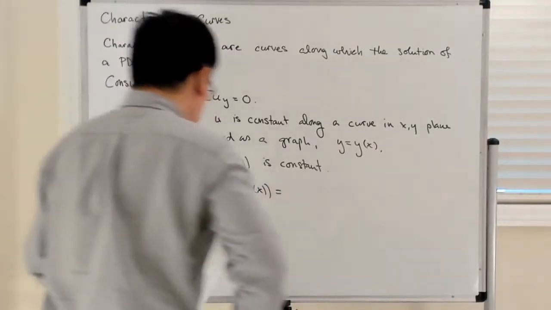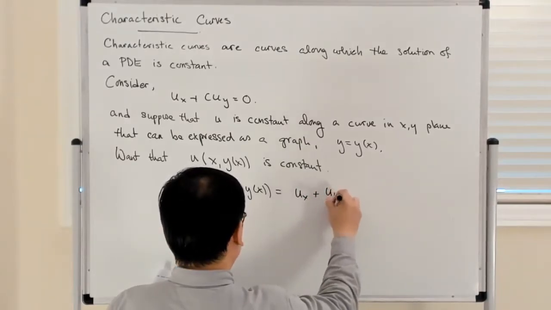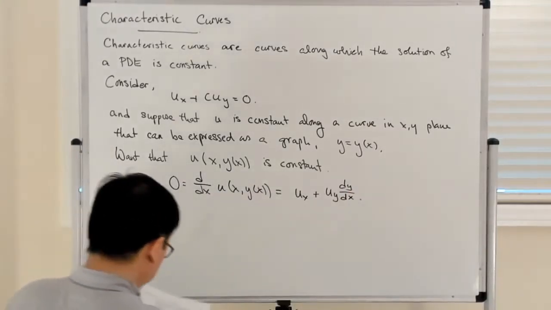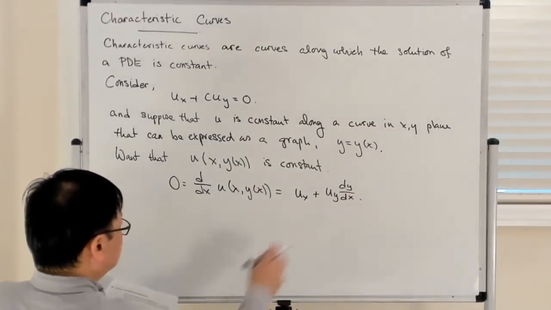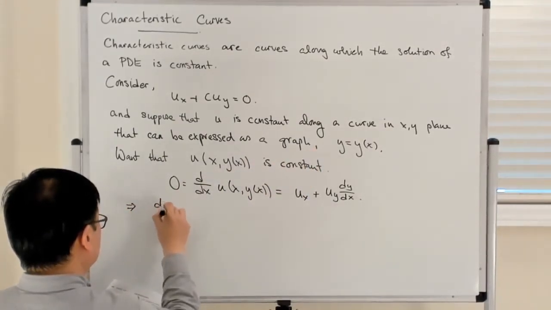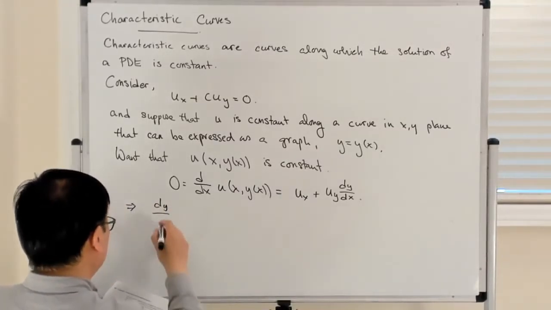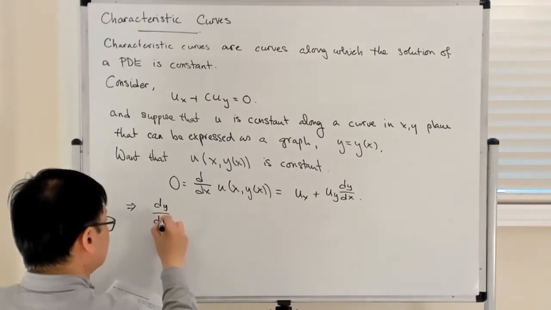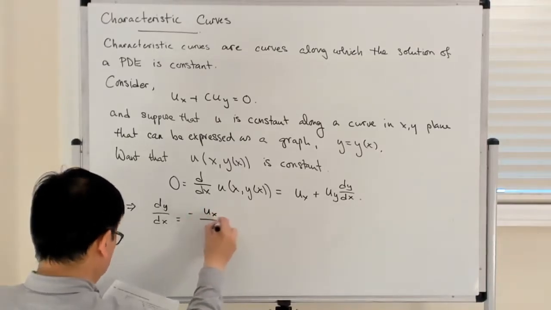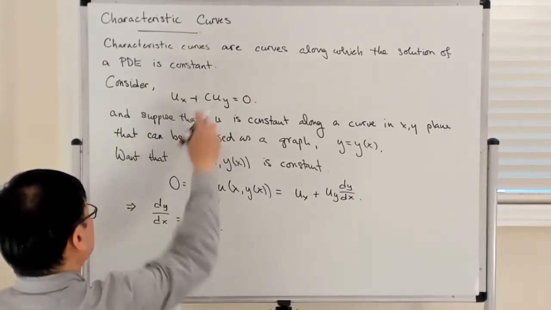So this is equal to u_x plus u_y dy/dx, and I want this to be 0. That tells me that the curve along which the solution is constant satisfies this differential equation: dy/dx is equal to minus u_x over u_y.